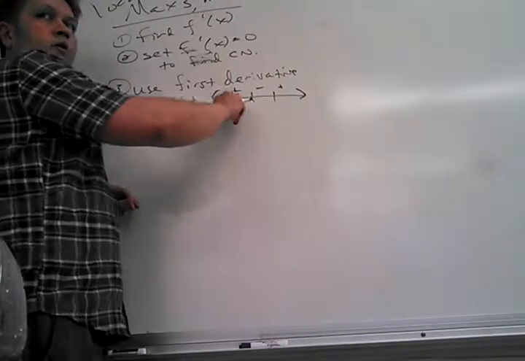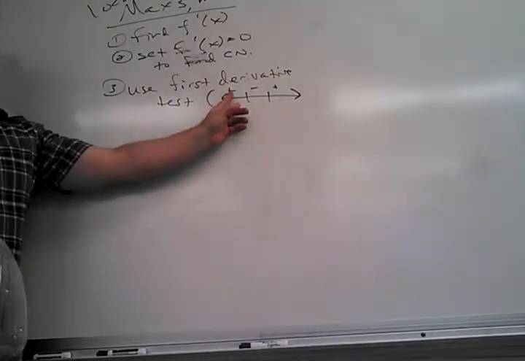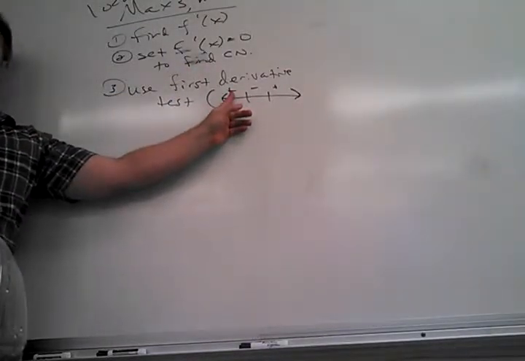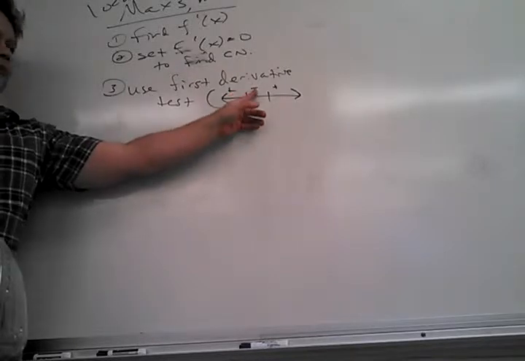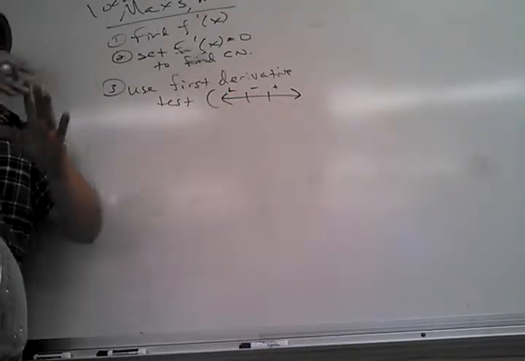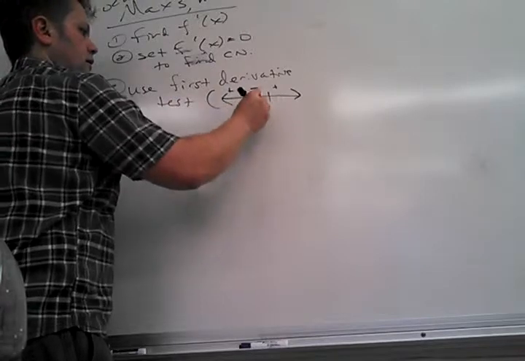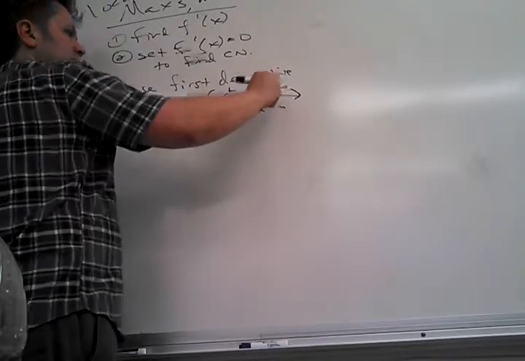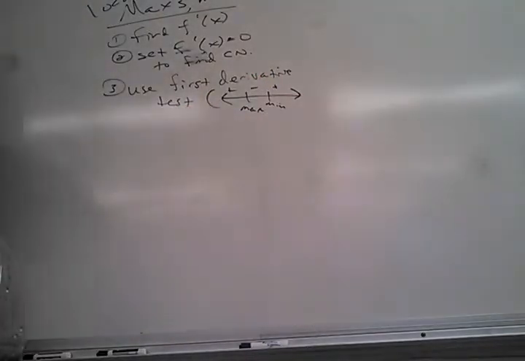A maximum, or max. Why would it be a max? Because here the function is increasing, going up with positive slope, and then it's coming down, so right in the middle must be a max. Of course this must be a min, because it's going down and then coming up. If it's negative on both sides or positive on both sides, it just rested somewhere and kept going, so it's not a max or a min.